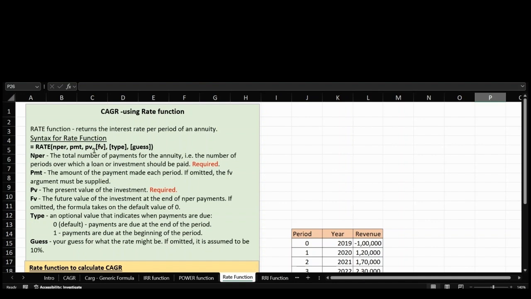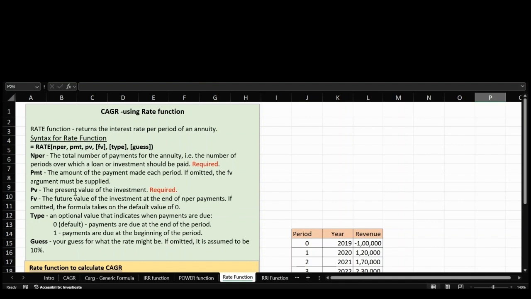Next is PV, the present value of the investment, and it is required and you cannot omit it. Next is FV, the future value of the investment at the end of NPR payments. If this value is omitted, then the formula takes on a default value of 0.